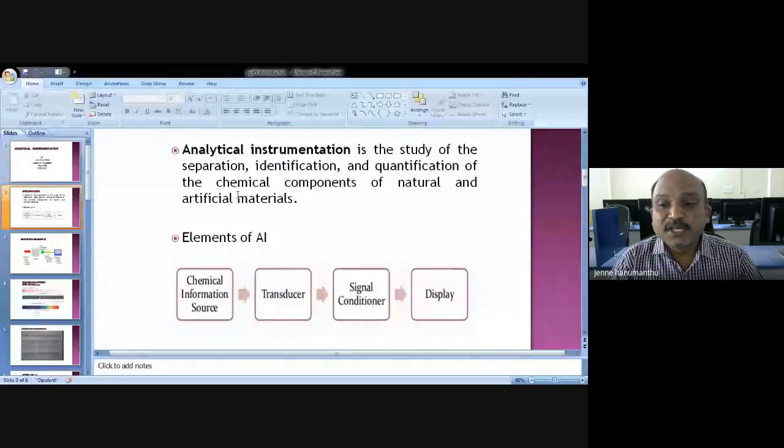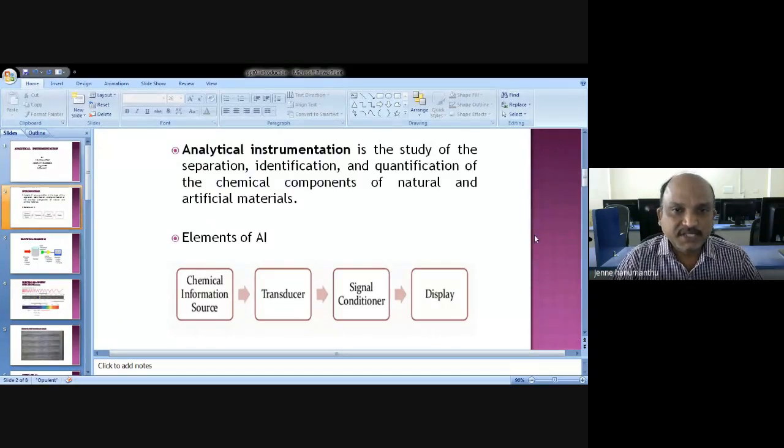See that analytical instrumentation is the study of separation, identification, and quantification of the chemical components of natural, sometimes artificial materials. So this subject completely describes 3 to 4 parameters.